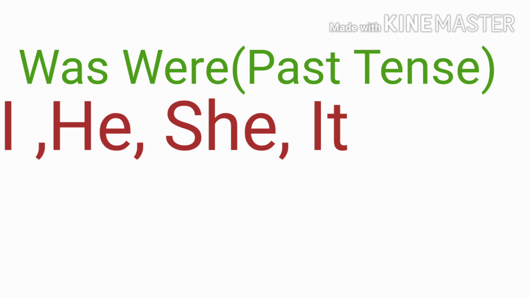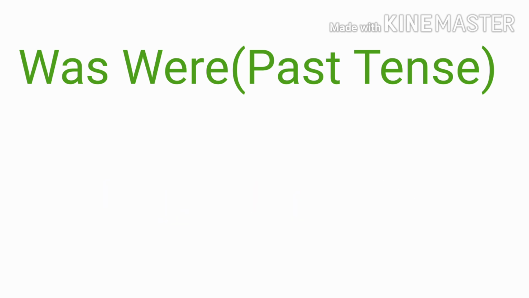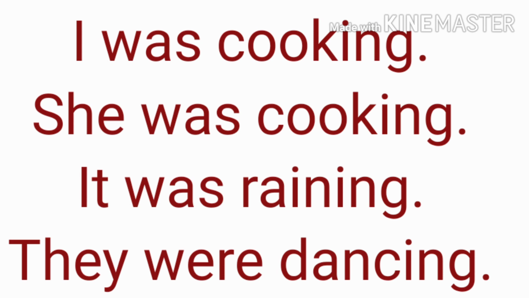Okay, and then the opposite of was, yes, were. So were is for you, we or they, so that the number is plural. Okay, so with examples we'll have a look over here. So I was cooking. I was cooking is a past continuous tense. Then it was raining.